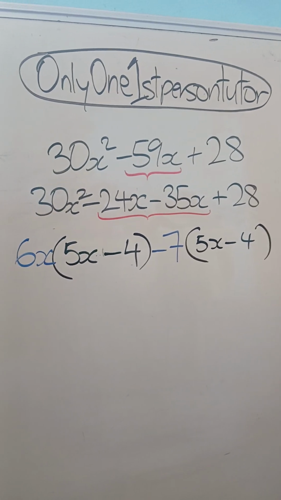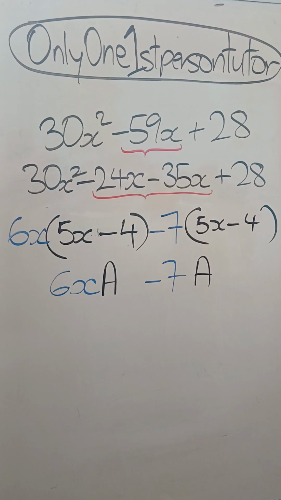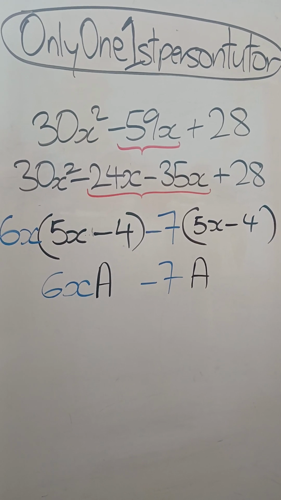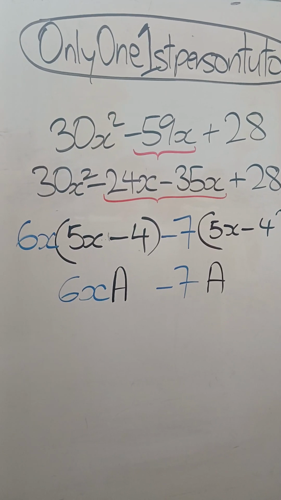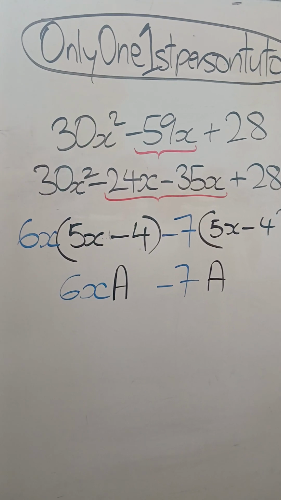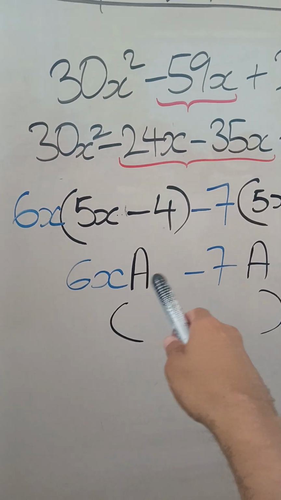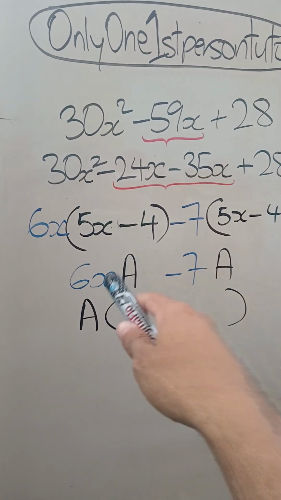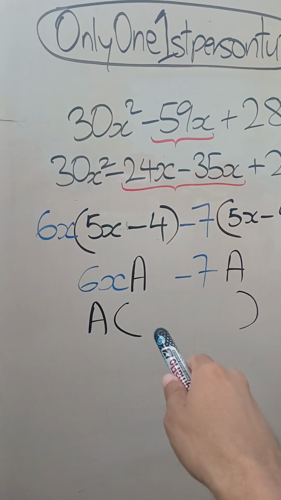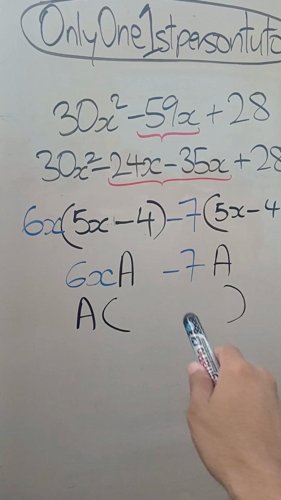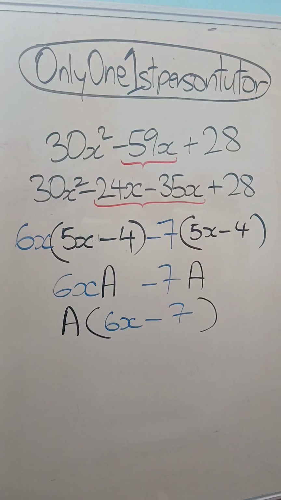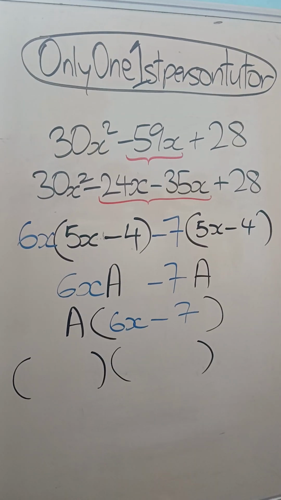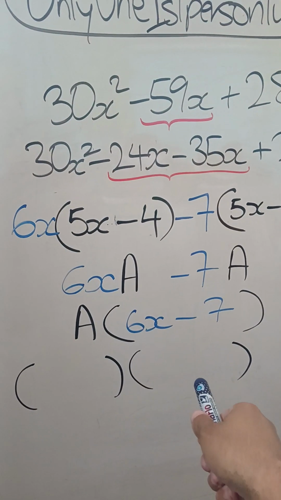Right? So, now, what are we doing right here? We're replacing the 5x minus 4 with the letter a, right? So why don't we factorize this? Now the HCF of this and this is going to be a. The a goes out there. So we divide this by this to get 6x here. This by that to get minus 7 there. So now that we have all of this, what are we going to do next? So we're going to put the 6x minus 7 here.